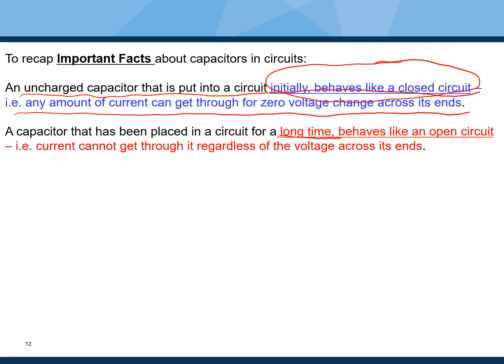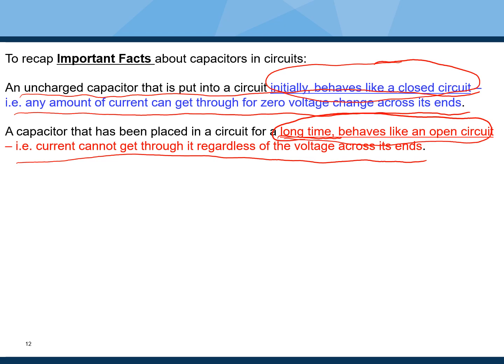So unless of course there's dielectric breakdown, that air gap basically behaves like an open circuit, and therefore a long time later the capacitor basically behaves like an open circuit. In other words, current cannot get through regardless of the voltage that is applied across the capacitor. Of course, by then the capacitor has been charged up so that it has the same voltage across its ends as the battery.